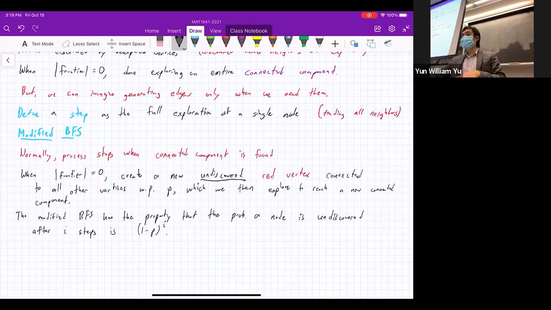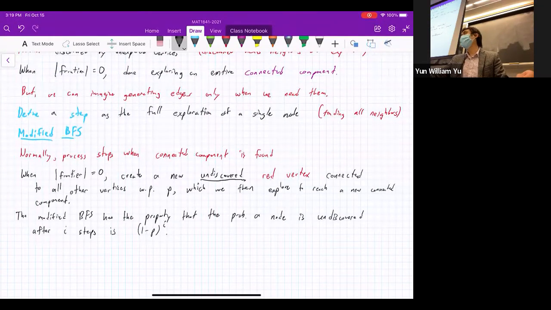And note that this property is not true of the original BFS. Why? Let me give you a hint. What happens if the first connected component you find is of size 10?